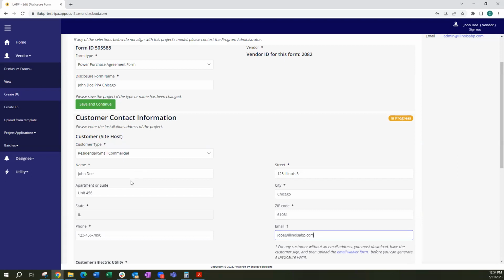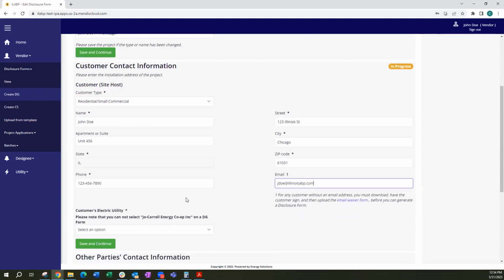You will also be asked to indicate the customer's electric utility. If the customer's utility is a municipal utility or rural electric co-op, you will be prompted to provide the name.